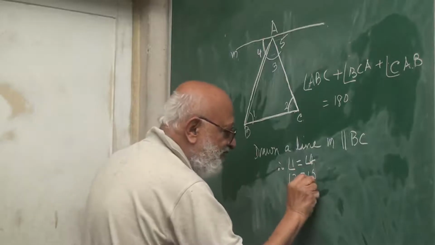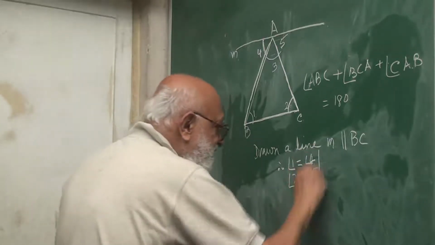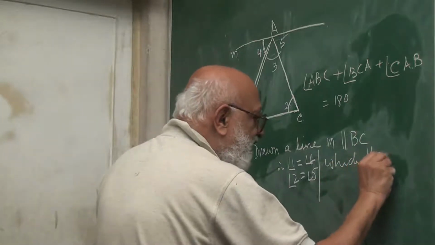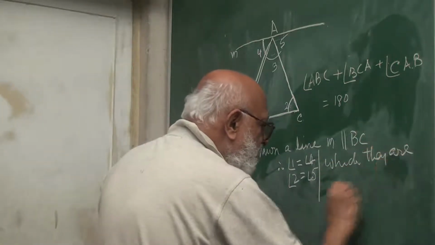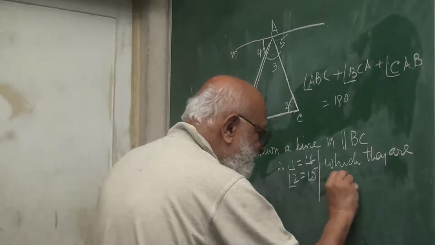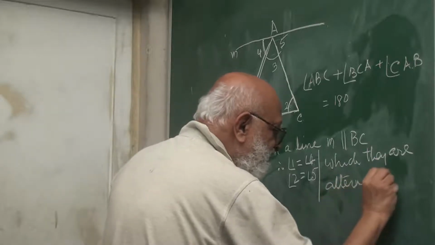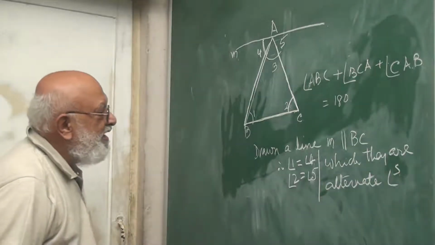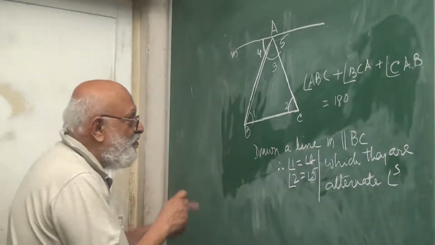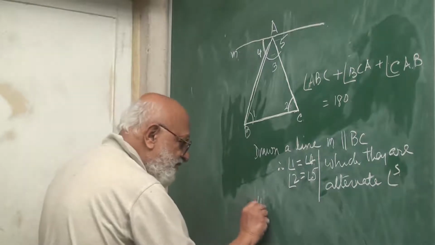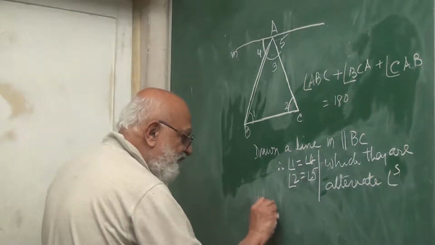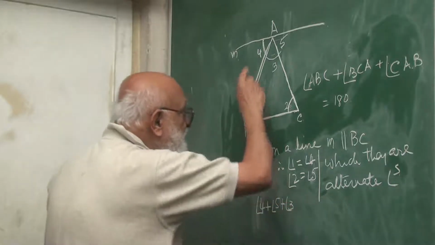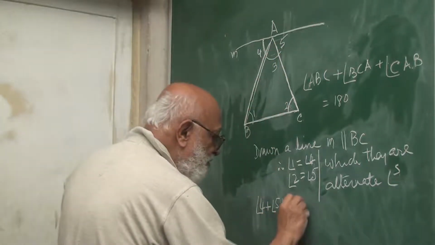This is angle 5. Why? They are alternate angles. So if I add up angle 4 plus angle 5 plus angle 3, it will be equal to 180 degrees.